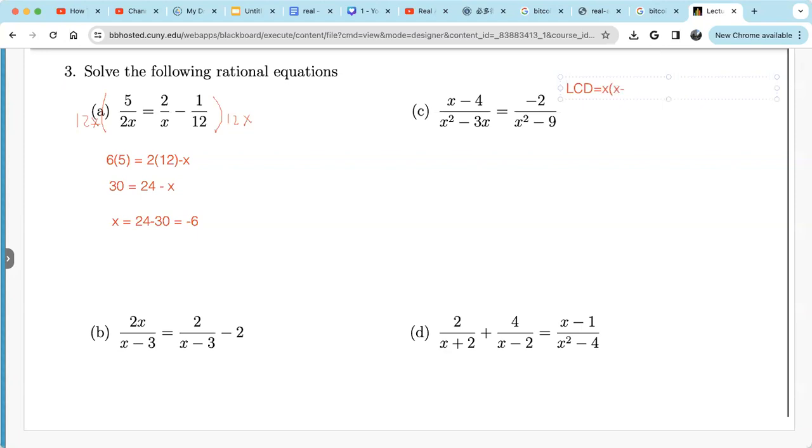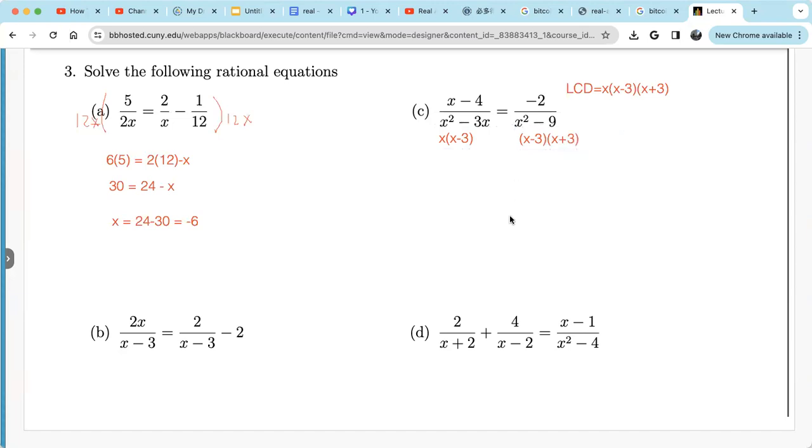times x minus 3 times x plus 3. Let's see why. So this denominator on the left-hand side is x times x minus 3. Isn't it? Right? And then on the right-hand side, we have a difference of 2 squares. That's x minus 3 and x plus 3.